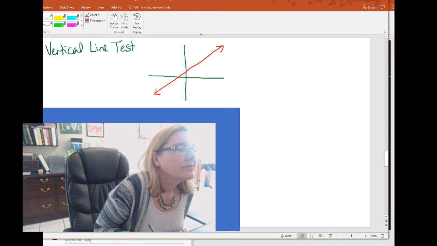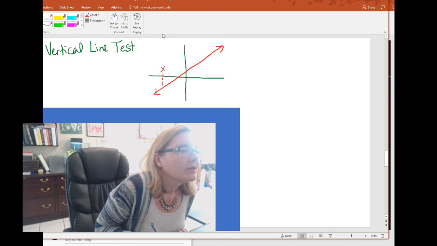Notice that for any x values, our input, we only see one y value. So for example, maybe the line goes through the point -4, -2.